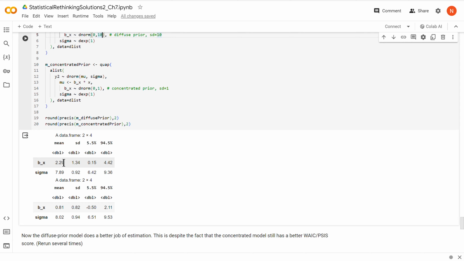And now what we see is an inversion of what we saw previously. Now the beta x term for the diffuse model is closer to the actual value than for the concentrated model. We also see that the credibility intervals are still wider for the first model, but that is okay here. That's what we would expect, because it was considering a broader range of potential values, and in this case, that's actually good, because that allowed us to more rapidly hone in on an accurate value for the beta x term.